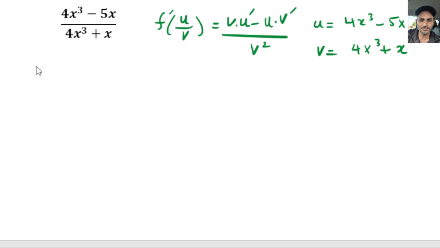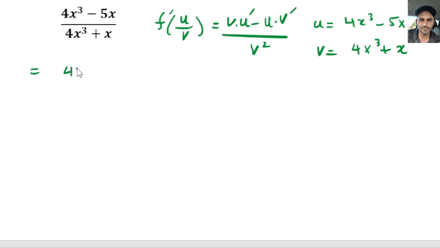Now we can go ahead and make a substitution of what we have here. For u, we substitute 4x cubed minus 5x. Oh, okay, I think I made a mistake. For v, we make the substitution.